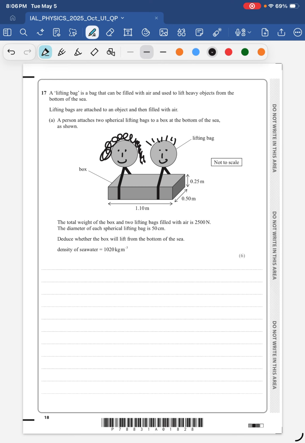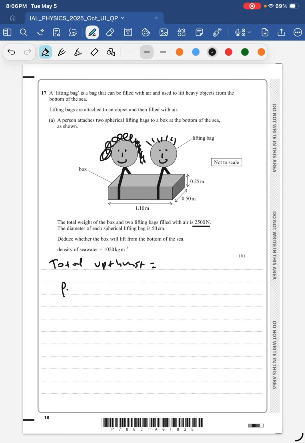So this is a strange kind of problem, but we pretty much have to compare the total upthrust against this weight, because that's the total weight of the box and the two lifting bags. So the total upthrust is going to be equal to the upthrust for the box.